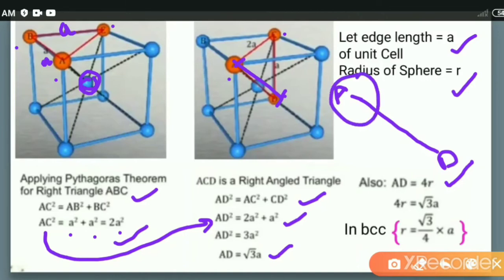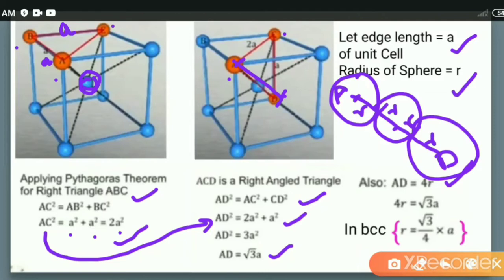This is the first sphere, this is the second and this is the third, all spheres of the same size. So AD is equal to R, R, R, R, that is the sum of 4 radii.